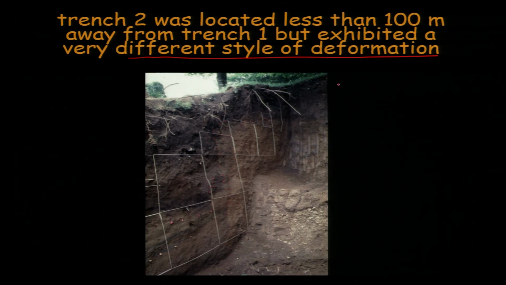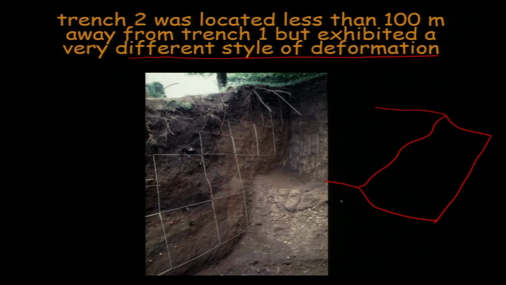Also in some places, suppose we have the fault trace here like this, and then you have it open up. So, this is your scarp here, and then you have the surface which is coming down here.